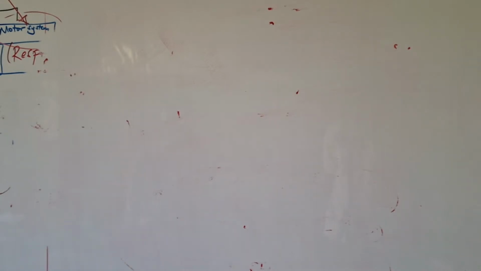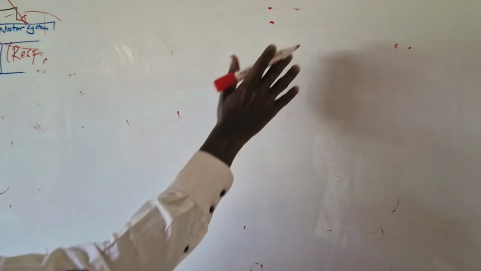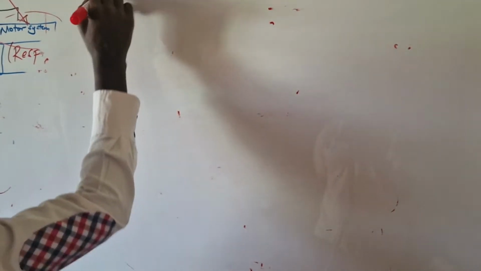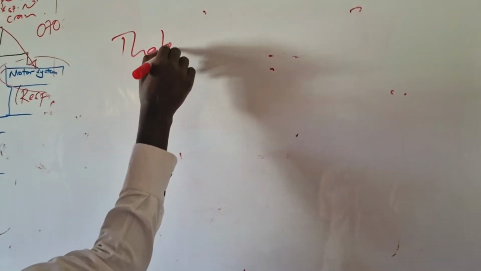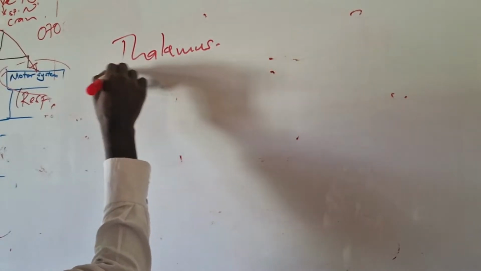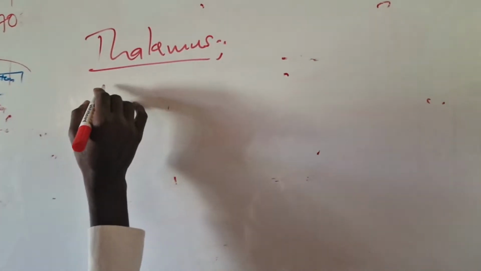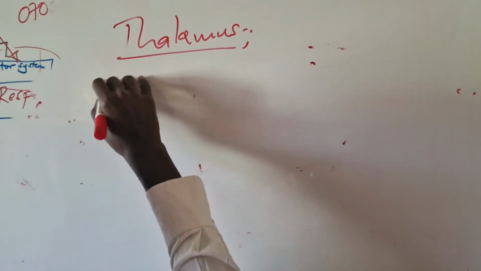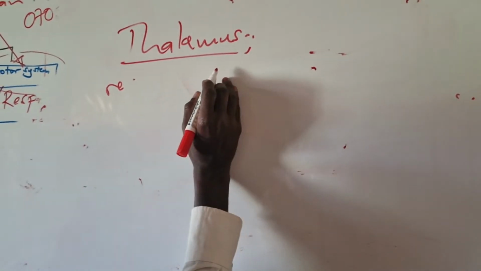Its function is to transmit impulses of sensation received from the sense organs, and then convey them to the cerebral cortex. We said the cerebral cortex is that membrane that covers the cerebrum. So the major function of the thalamus is just to receive impulses from the sensory organs.